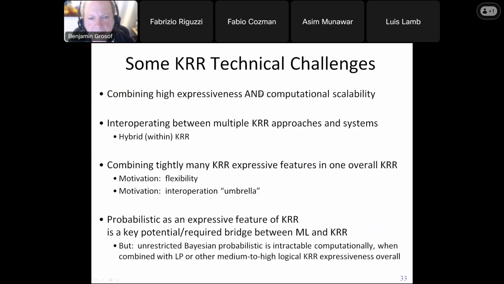Some KRR technical challenges are, first and foremost, combining high expressiveness and computational scalability. So speaking for myself, I've been working in research in AI for 40 years since I was a graduate student at Stanford. And when I entered the field, people had a wish list for expressiveness. And they made an assumption that it would all be a superset, of course, of first order logic.